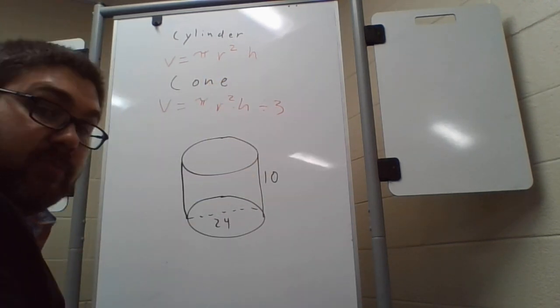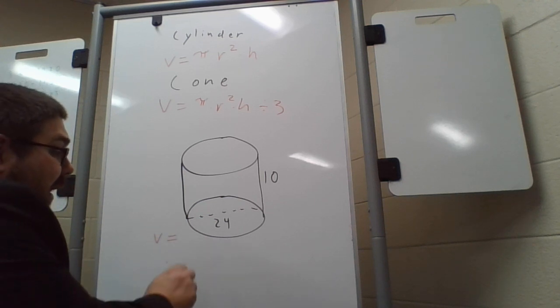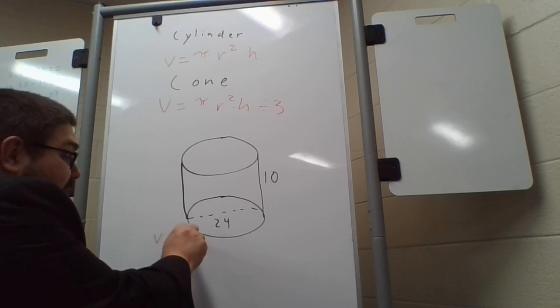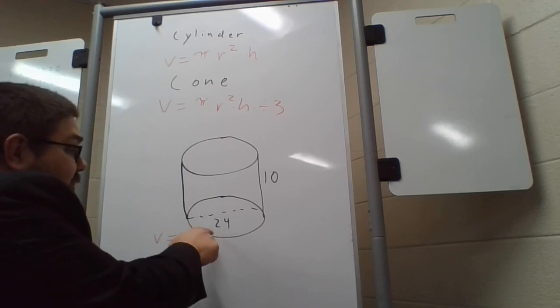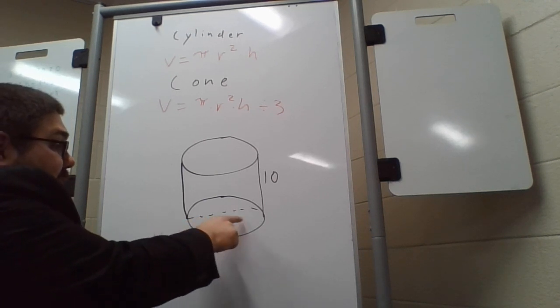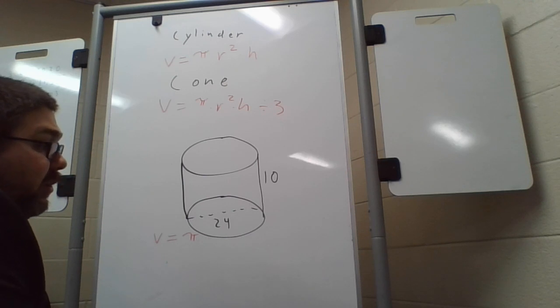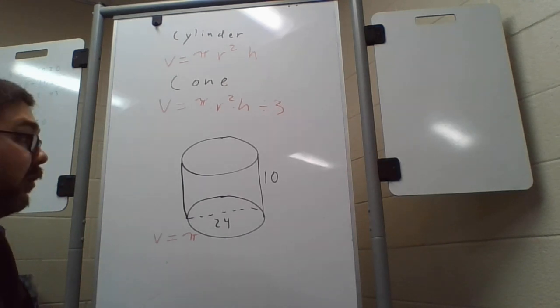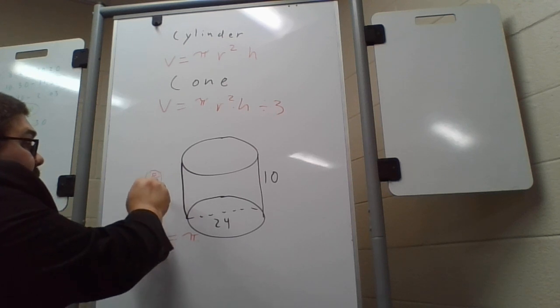Now, let's look at each one of those. So we're finding the volume, the volume equals pi, times the radius squared. Now if you look at the circle here, at the base, we have a 24, but the 24 is a diameter.